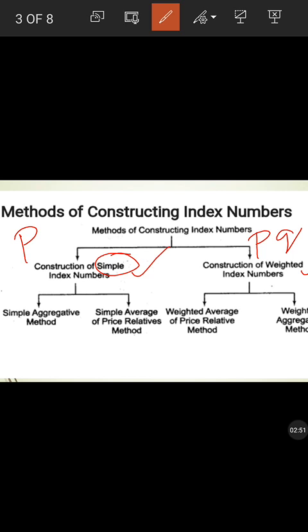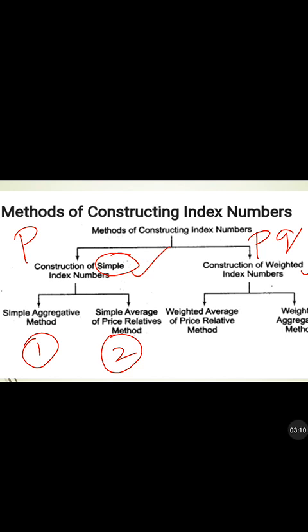If both price and quantity are given, then it is known as weighted index numbers. Under simple index numbers, we have two methods: the simple aggregate method and the simple average of price relative method.